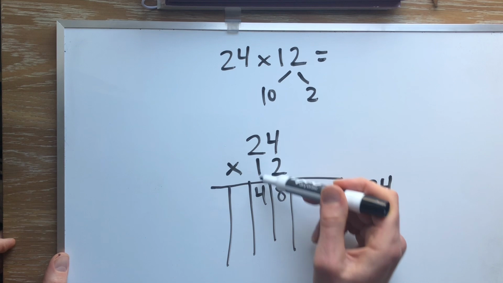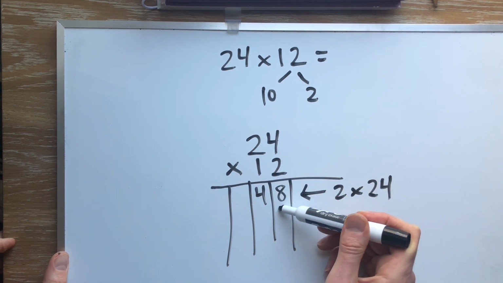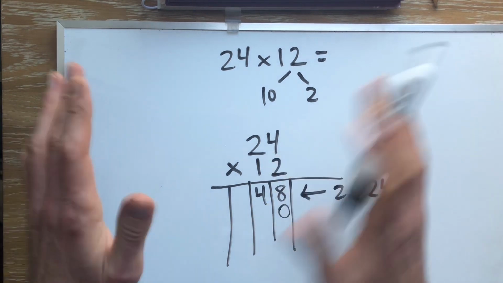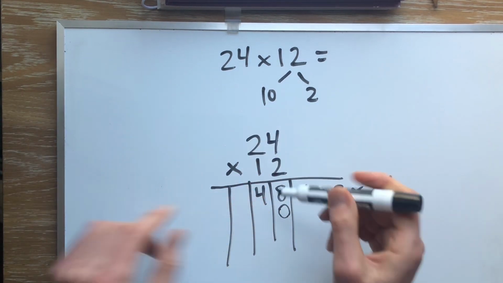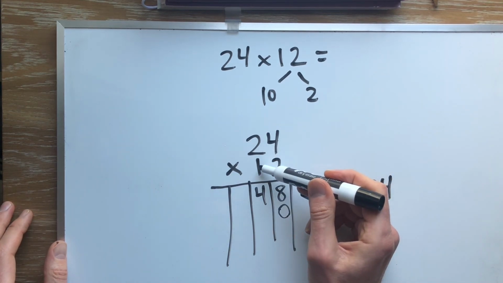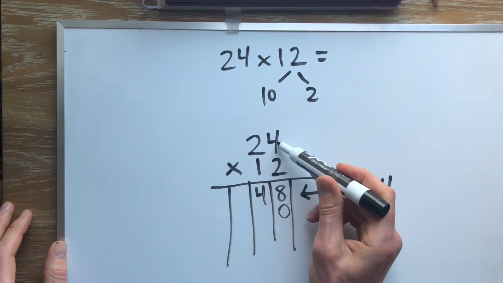And notice, are we talking about ones now? No, we're not. So I just put a 0 there just so we know we're not talking about ones anymore. Now we're talking about tens because the first answer will go right in here. So we go 10 times 4, tens times the ones. How many tens do we have?